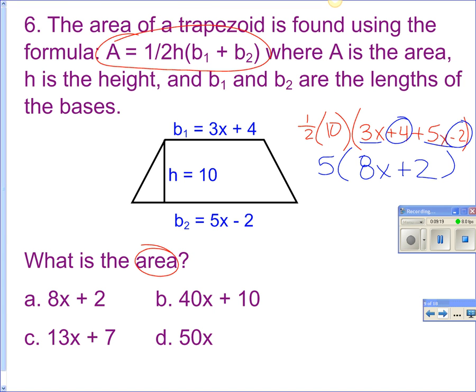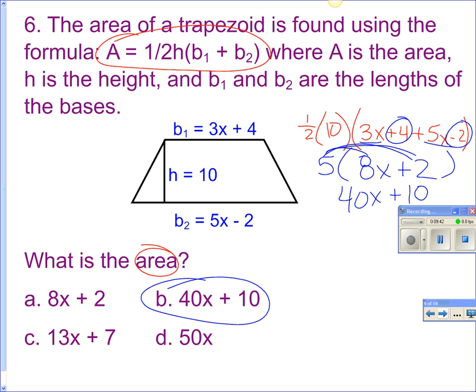And Mary, what do I do last? All right, LeVar, 5 times 8? And LeVar, 5 times 2? 10. Good. So that one is B, 40x plus 10.